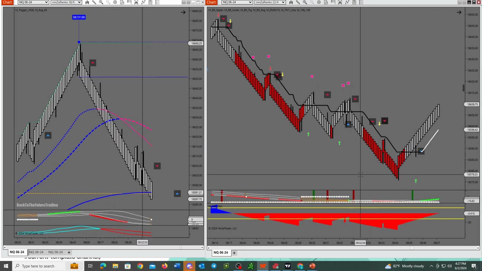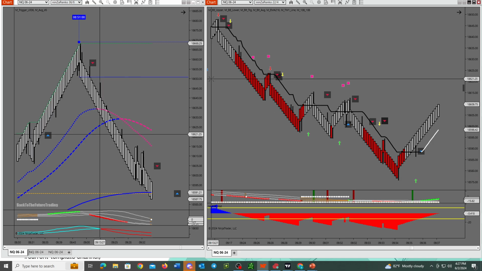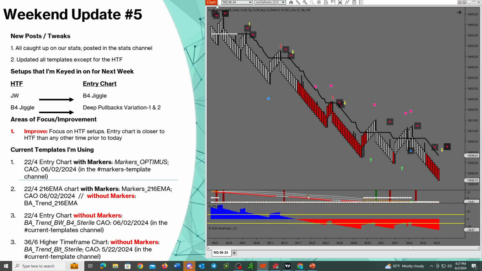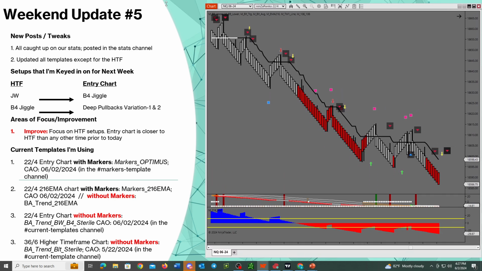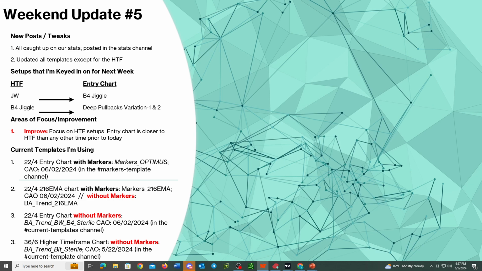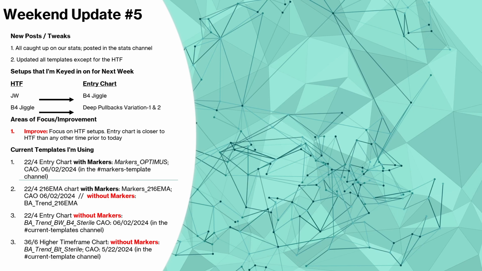So a couple of tweaks for next week in the models that we are trading with. Hopefully we have a nice week like we did this past week. We got treated to some really nice trades. I think the model is setting us up for that. If they give us structure, we'll knock it out of the park, guaranteed.